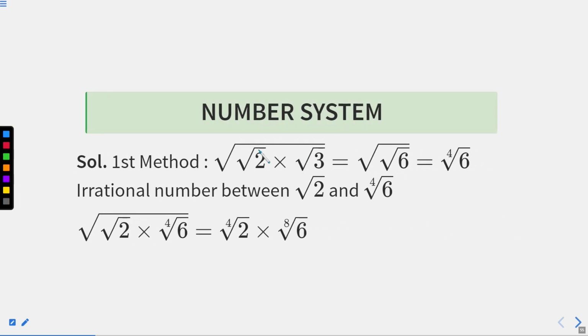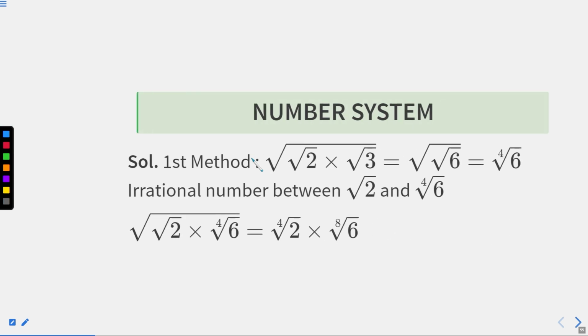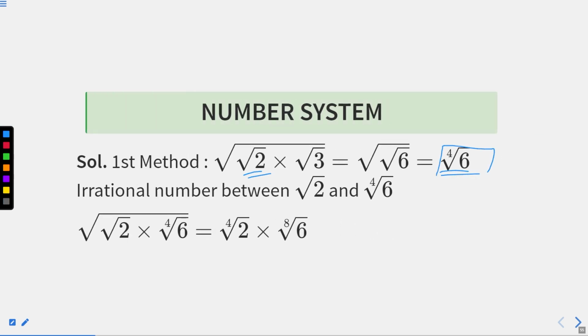Let's see. So taking roots and then multiplying, it's the same. Two irrational numbers, taking roots and then multiplying both roots, we will get an irrational number simply. Okay. Now again taking root of 2 and the root for this, we will get the third number in between root 2 and root 3.